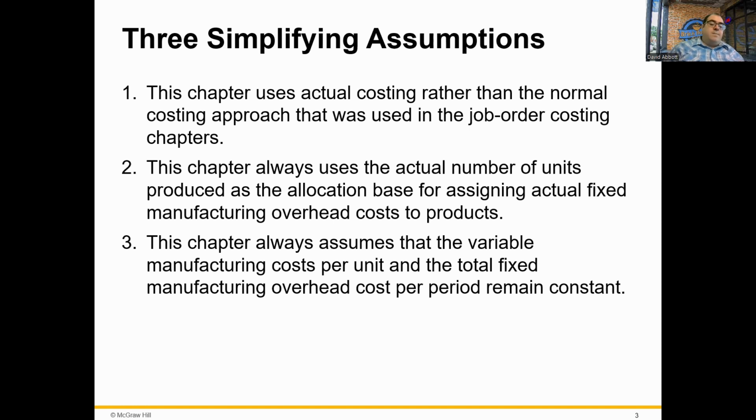Three simplifying assumptions are going to be made in this chapter. First, normal costing rather than actual costing is used, meaning that predetermined overhead rates are used to apply overhead to the product.